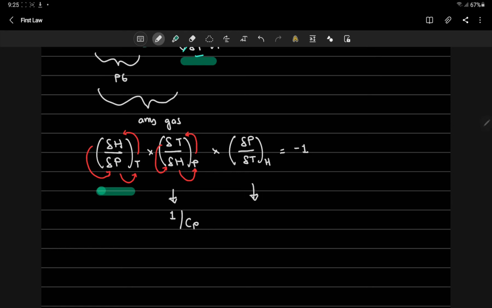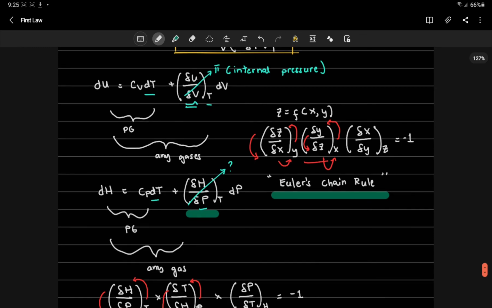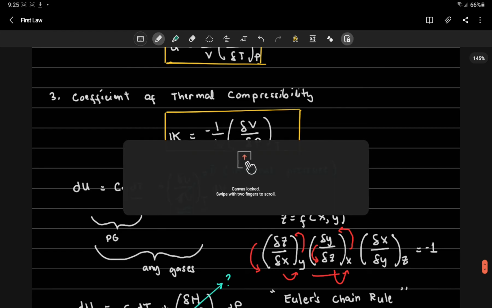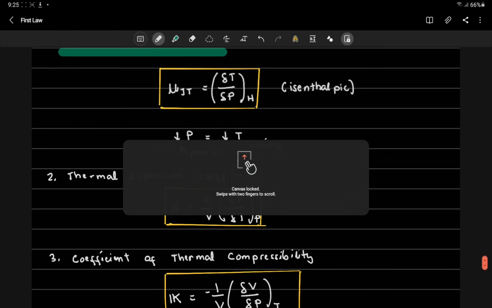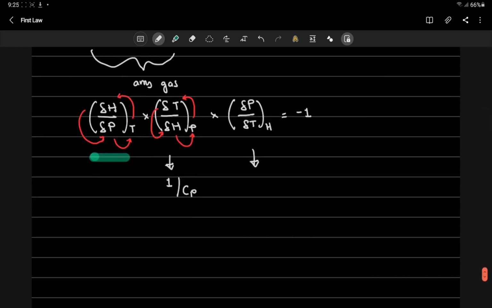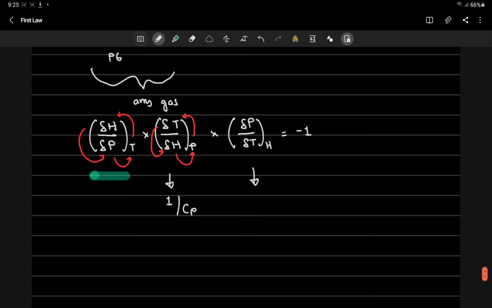How about this? So, kung titignan nyo mabuti, parang di natin alam. But if you will go back to our secondary relationships, and one of them being si Joule-Thomson coefficient, which is this. Diba? TPH. Pero ito, PTH. Ibig sabihin, this factor, this one, is actually the reciprocal this time of the Joule-Thomson coefficient.